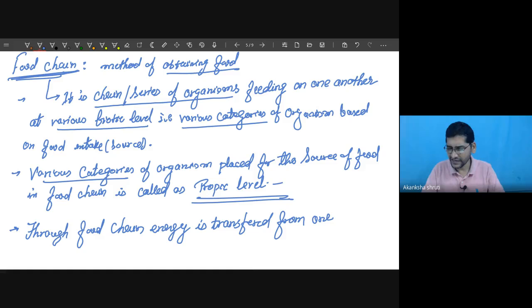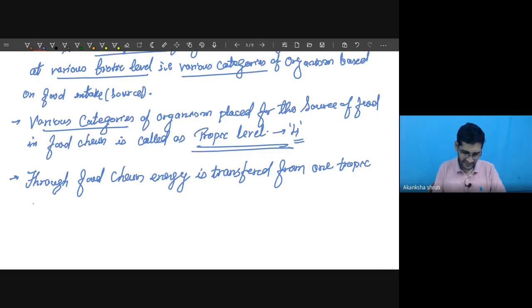We will see there are 4 such trophic levels, from the bottom one to the higher one.